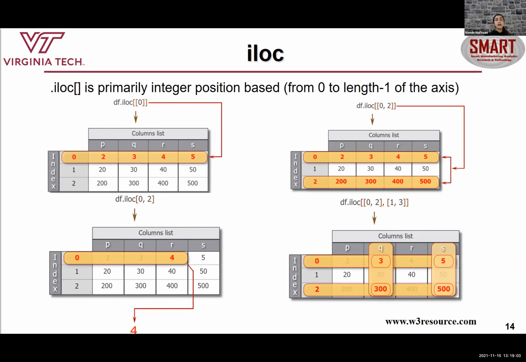Another thing is that when you want to locate a specific value inside of your table, you use iloc when you know the address of it, when you know the index of the column and rows. But most probably we don't know the index.